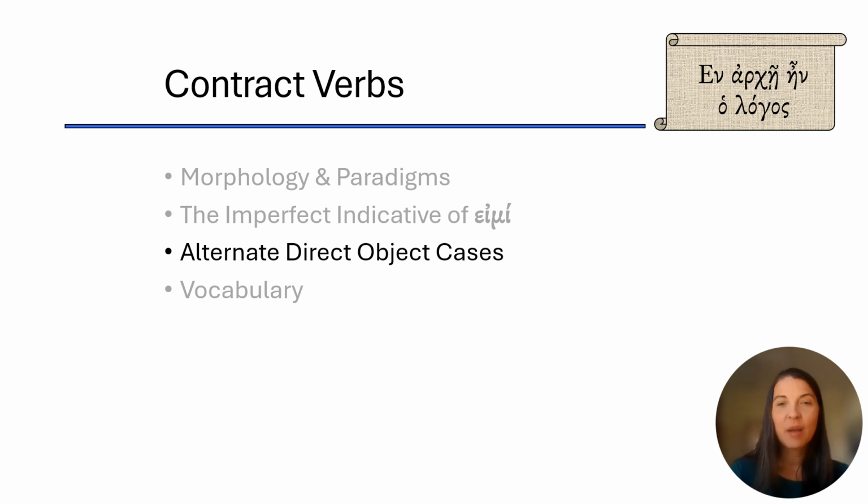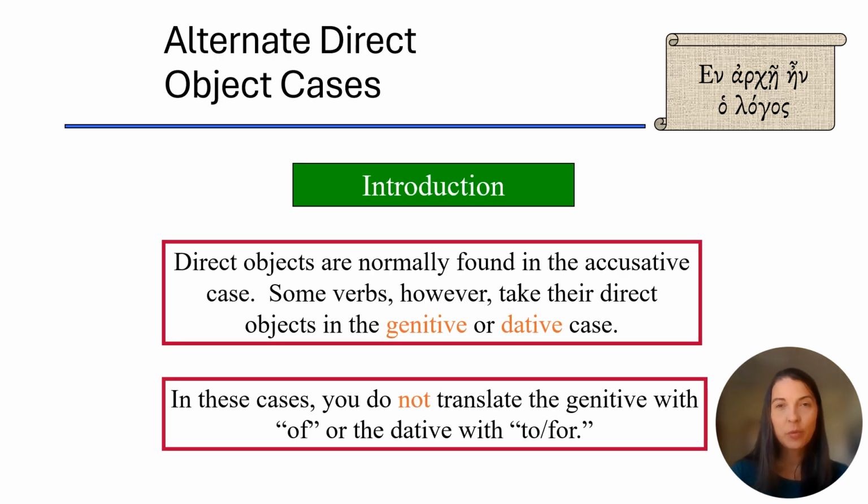And a little bit here about some syntax issues. As you have been learning, you are realizing that the accusative case is the direct object for most of your words, and that's very helpful to know. However, some direct objects are found in a different case.